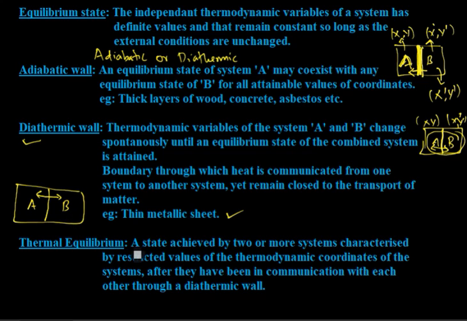So thermal equilibrium is a state achieved by two or more systems characterized by restricted values of the thermodynamic coordinates of the systems after they have been in communication with each other through a diathermic wall.